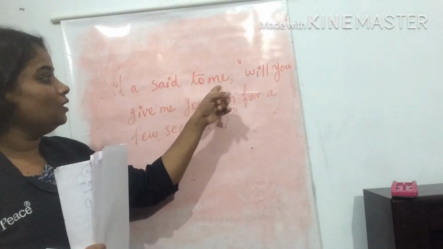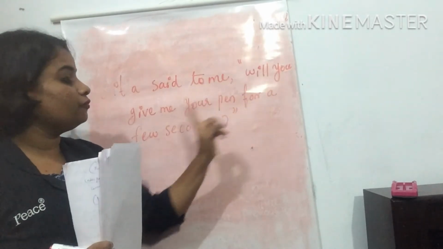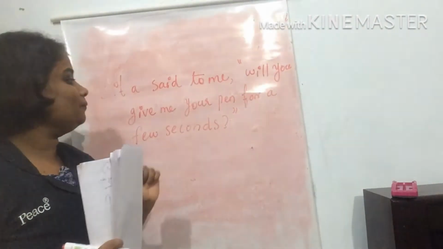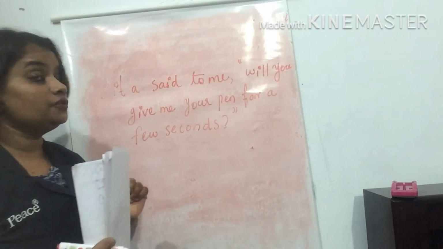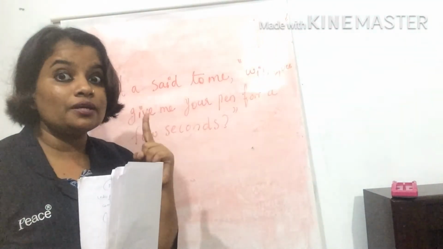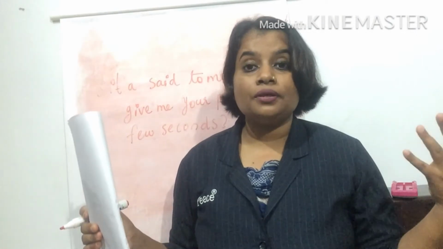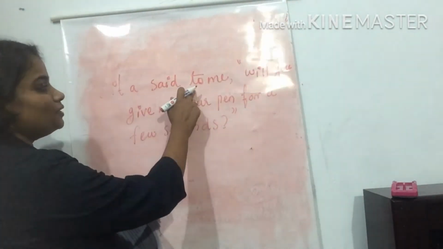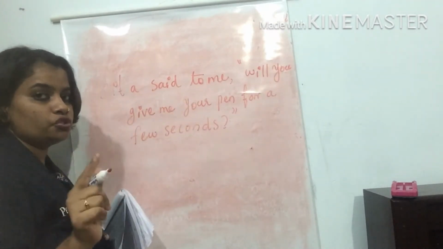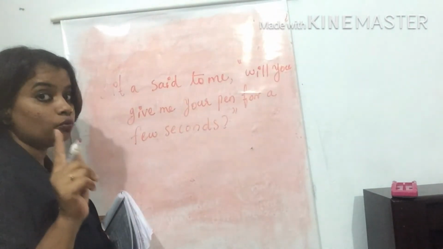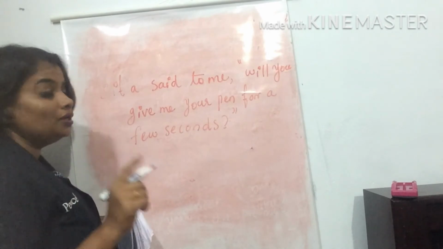Okay, look at the statement. Sita said to me, will you give me your pen for a few seconds? Okay, so we are going to transform the statement. You may please listen very carefully, otherwise nothing can be understood. So Sita said to me, this is an asking question, so you have to use only the reporting verbs asked, inquired or wanted to know.